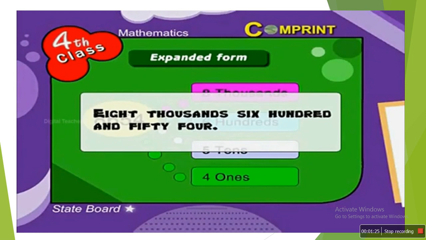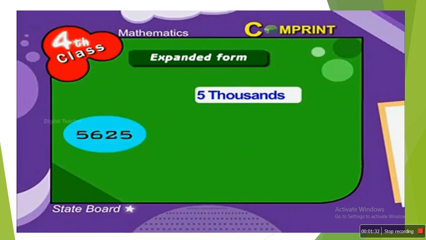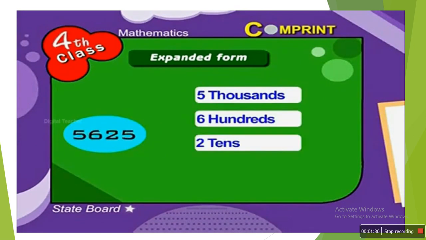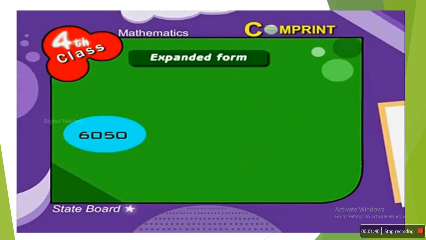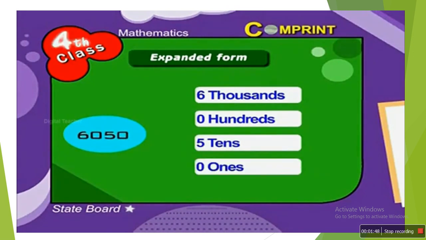Now let us see some more examples. 5625. 5000 plus 600 plus 2 tens plus 5 ones. In another number, 6050. 6000, 0 hundreds and 5 tens plus 0 ones.